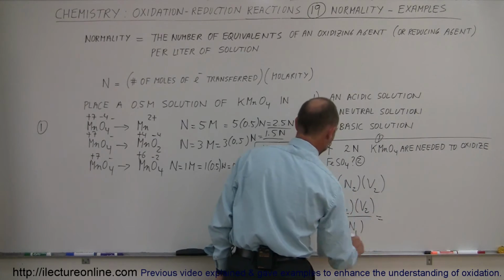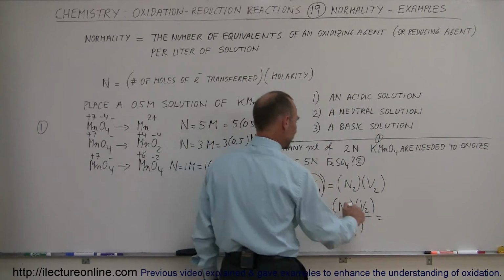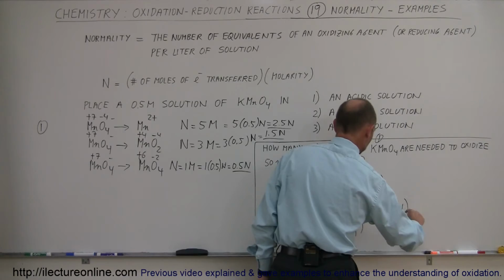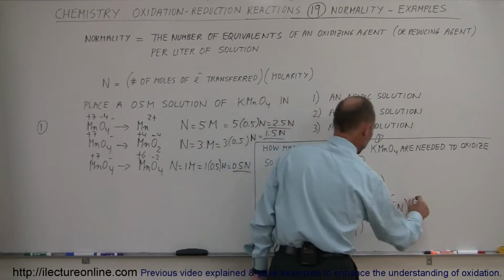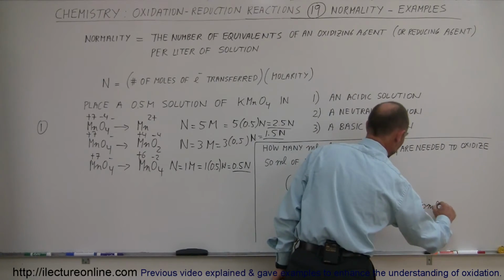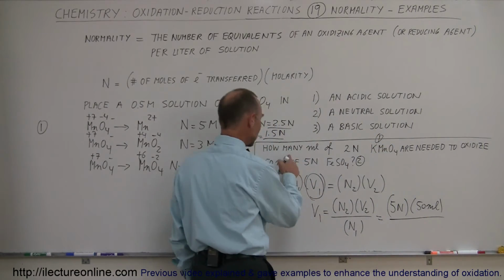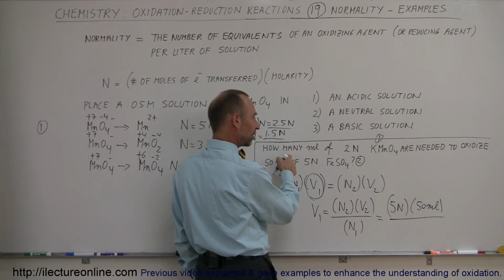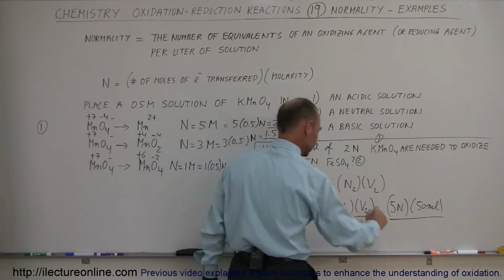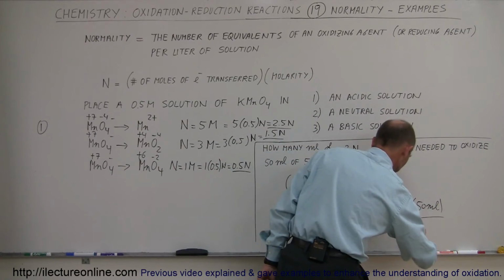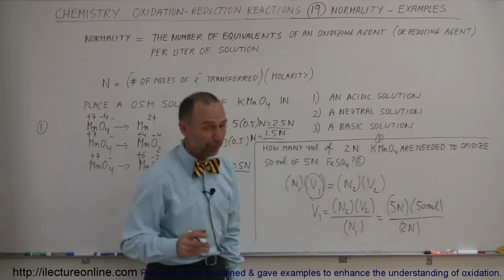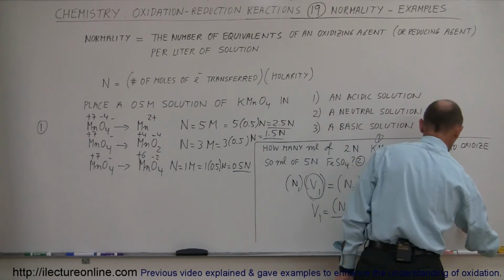In this case, the normality here would be 5, the volume would be 50 milliliters, and the normality of the oxidizer here would be 2. And 5 divided by 2 is 2.5. 2.5 times 50 is 125 milliliters.